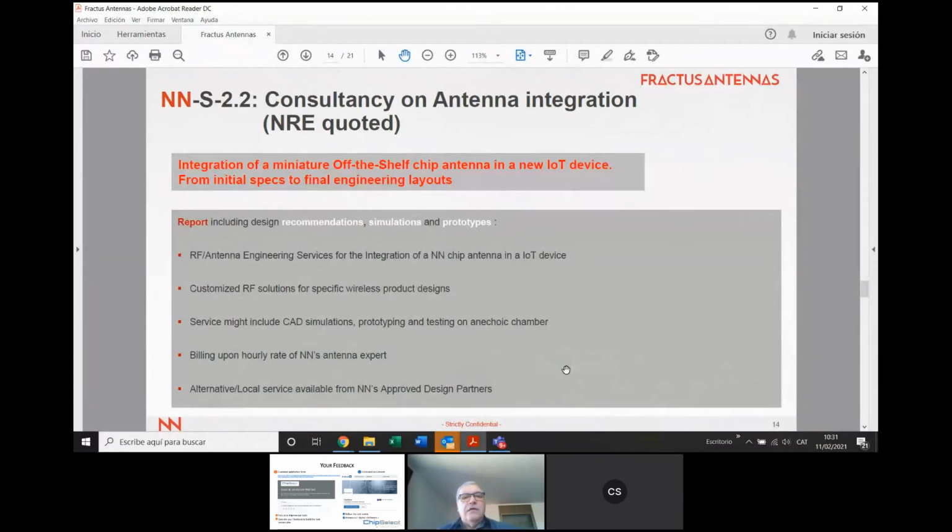Okay, so we can do exactly the same. We can make these kinds of simulations as consultancy in order to tell you what the performance of the antenna in your device is going to be and the impact of the external elements.